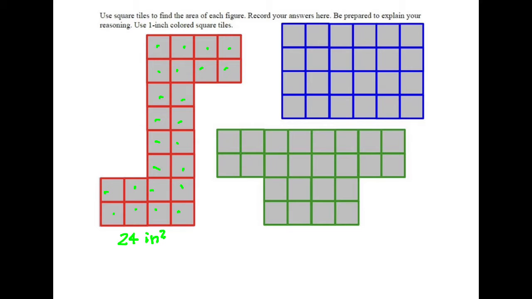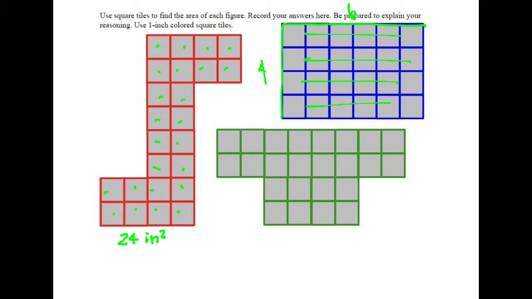You can do the same thing for all the others, but there could be other ways of figuring out the area that aren't counting things up. I don't want to count 24 every single time, right? So the blue one, we know we have 6 across and we have 4 down. So we have 4 rows of 6 squares each. So we have 6, 6, 6, 6.